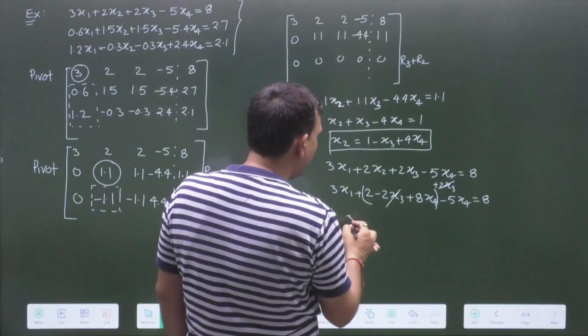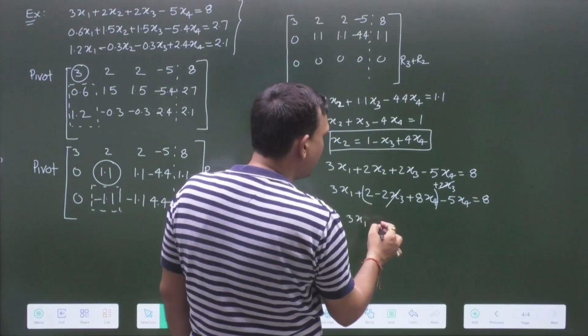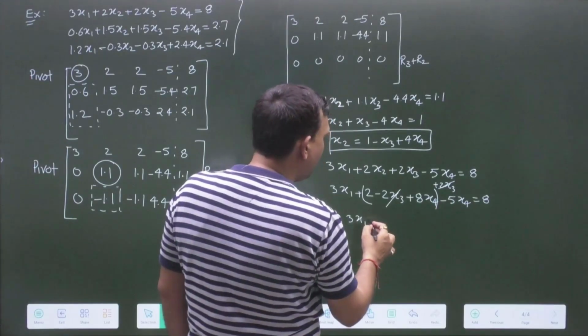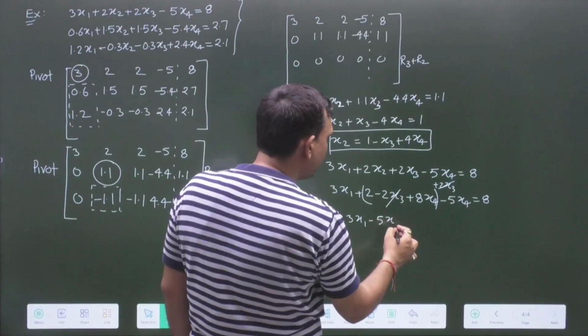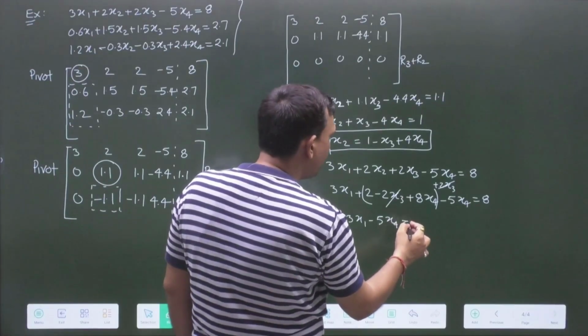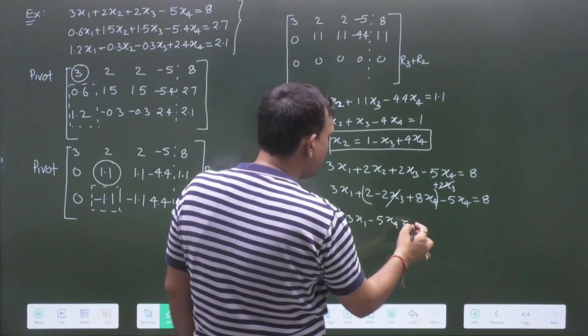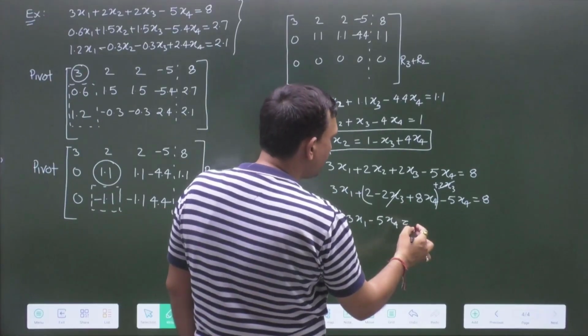So this will give you 3x1 and minus of 5x4 plus 8x4, so plus 3x4, and that should be 8 minus 2 is 6.